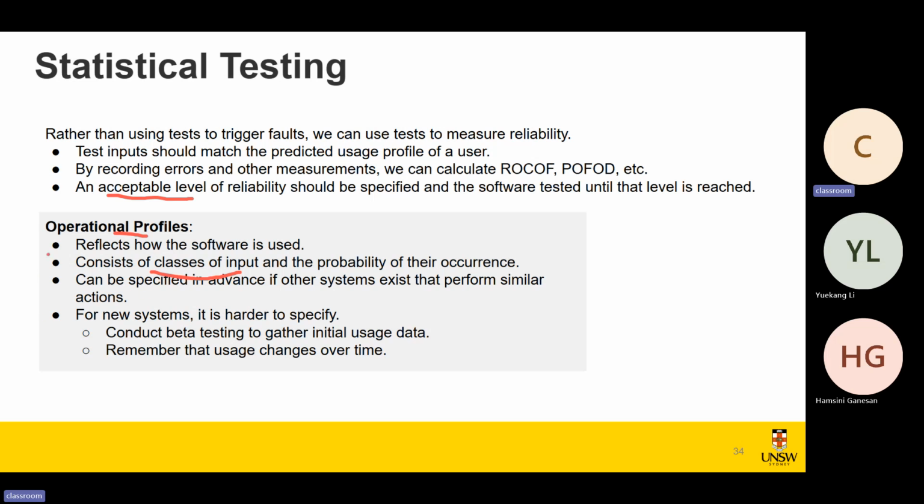So what we can do is conduct beta testing, which is to release the software to a group of users and let that group use the system for a while, so we can collect their usage patterns and then we can generate test cases similar to their usage patterns. So this is the idea.